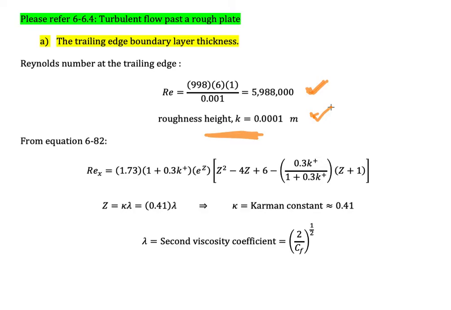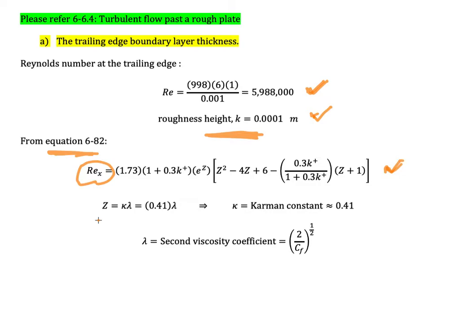You could read from the textbook, but in this syllabus, I would like to show you only two methods to calculate the drag force and so on by using equations. At least we have two equations here. You could refer to our textbook, equation 6.82. We have this Reynolds number equation, Rex, as shown in this slide. And then we have some simplification.